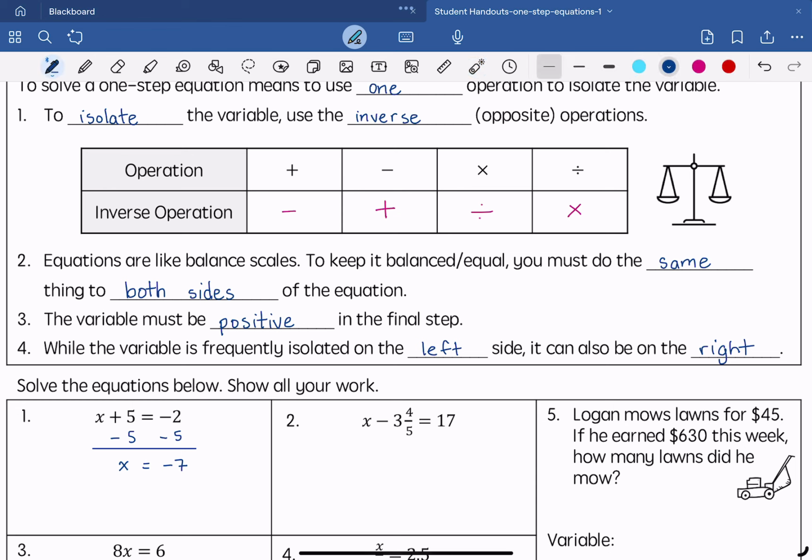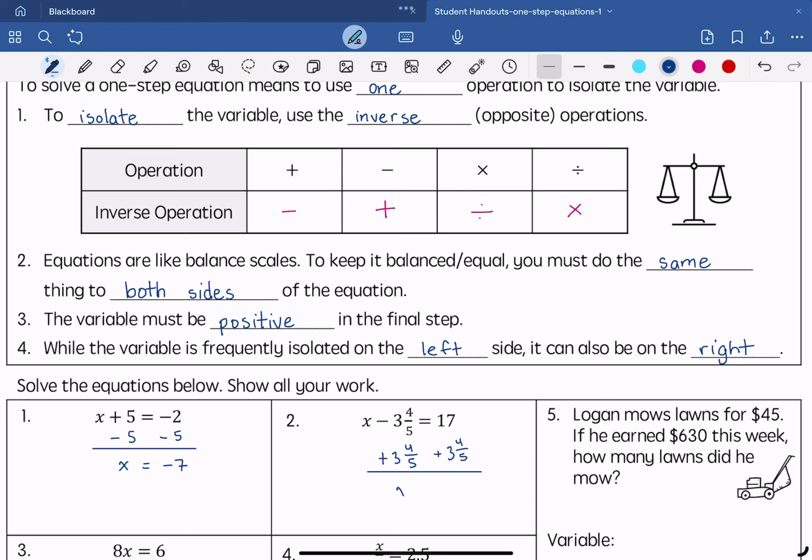To do the inverse operation, we have a negative, so we're going to add 3 and 4/5. Whatever we do on the left side of the equal sign, there's like an imaginary line here, we also have to do on the right side of the equal sign. So plus 3 and 4/5. I'll draw a line.